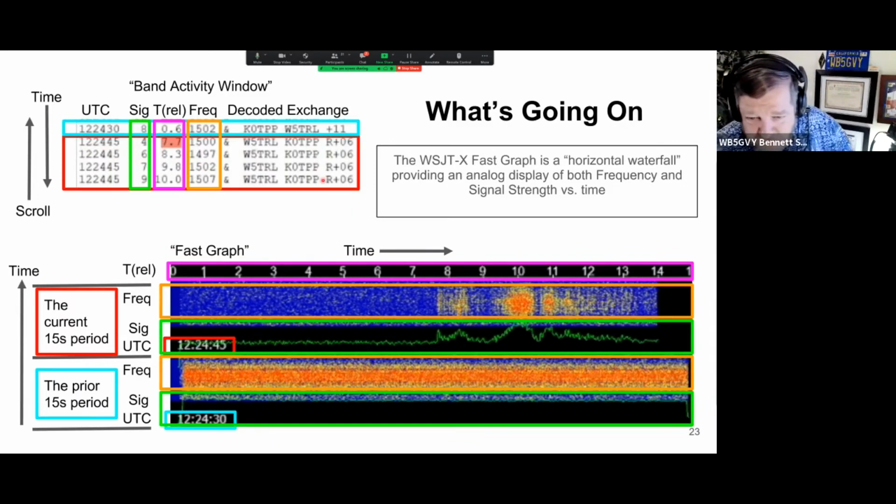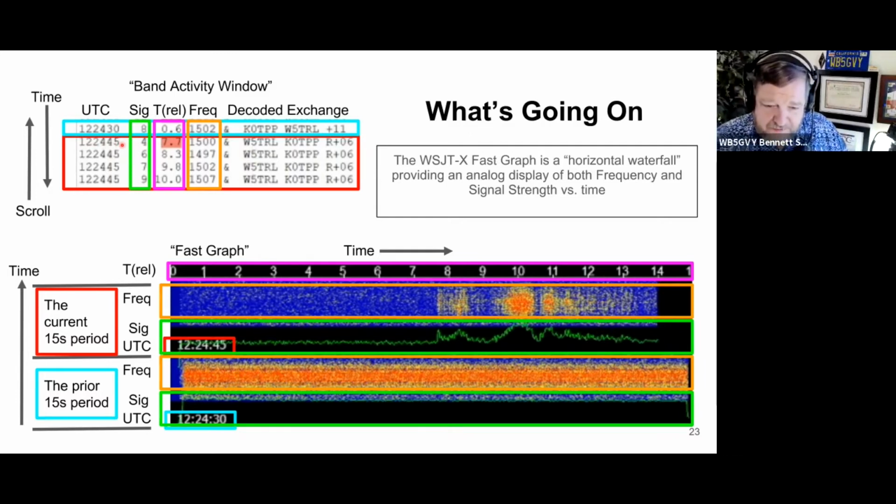The reason there's more than one line is that the first line shows the first time there was a successful decode, at a signal strength of 4. Remember, the exchange is sent 200 times in this 15-second interval, and if it had never gone over 4, we would only have a single line here.